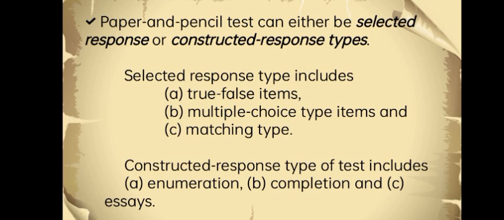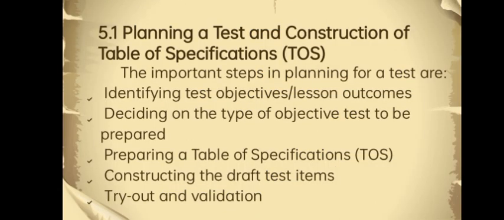And also reminder, the construction of valid test items begins with a table of specification. And when planning a test and construction of table of specification, there are important steps in planning. The important steps in planning for a test are the following.